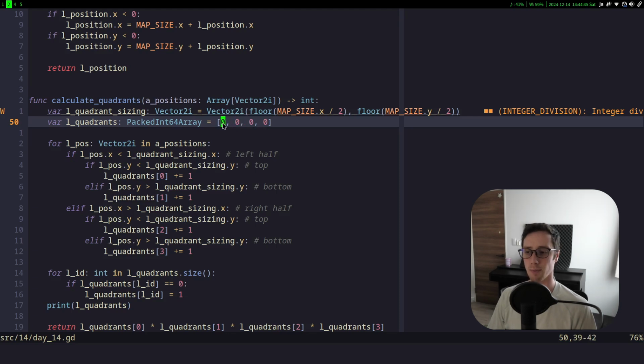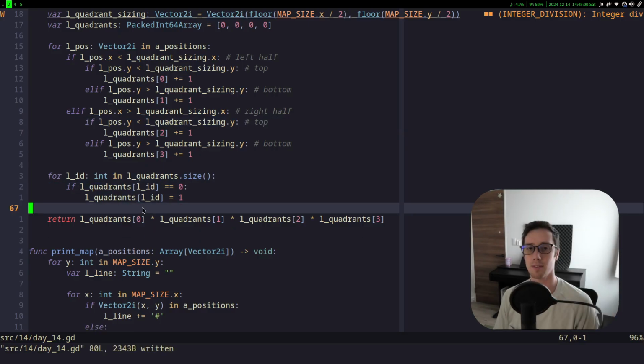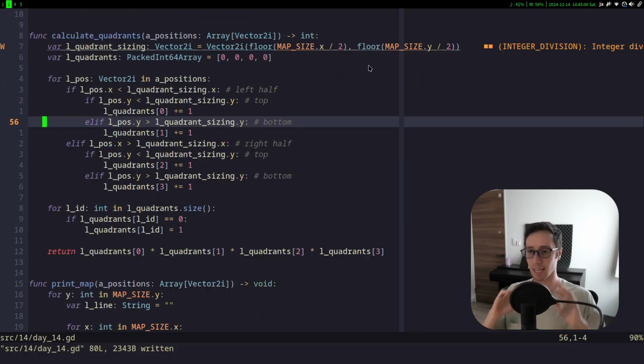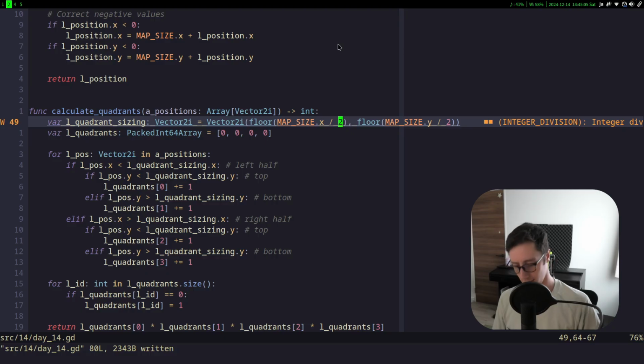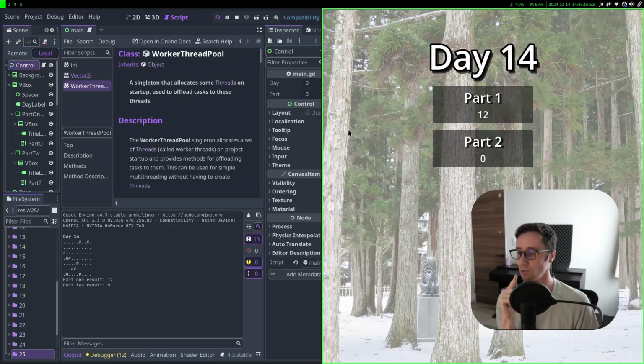So this should be the left top, left bottom, right top, right bottom. Then we make certain that there are no zeros, because a zero would be an issue: times 0 results in 0 either way. So that's just a very edge case, if that were to ever happen. And these integer divisions, I don't like them. Okay, and this should work.